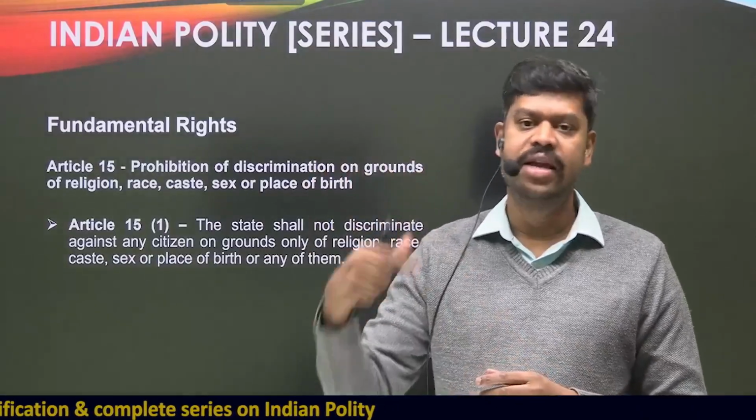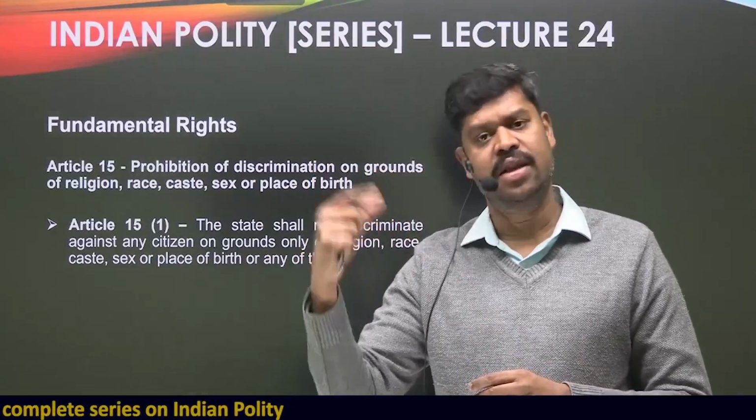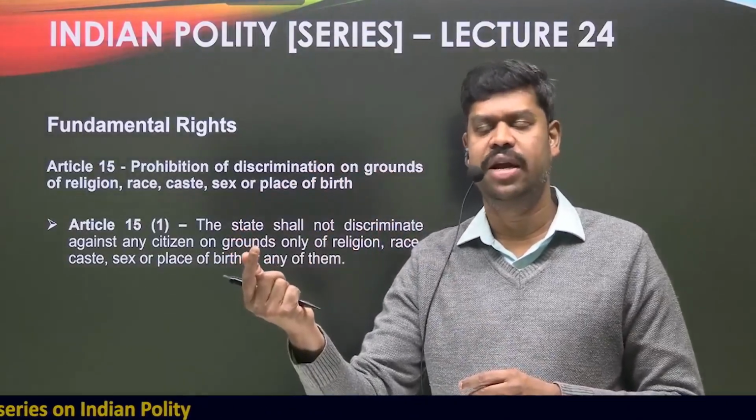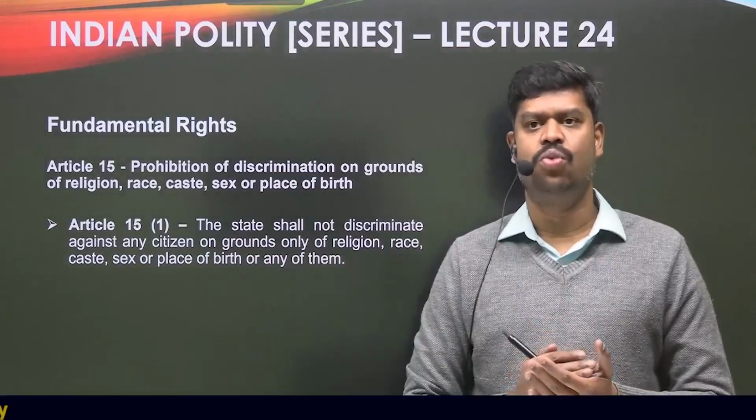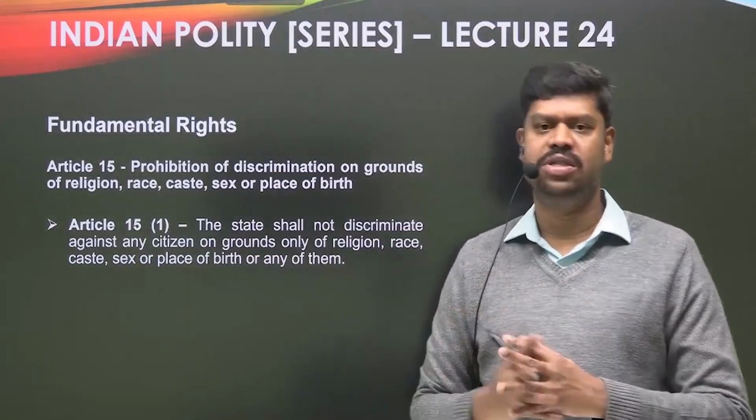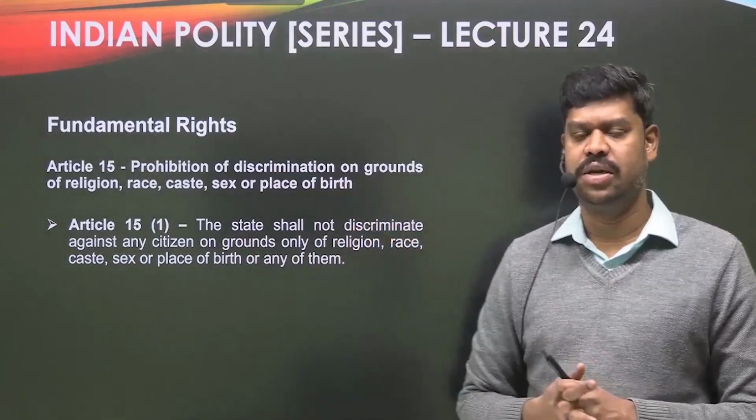So what are the areas it shall not discriminate? In other areas, if at all it wants to discriminate, it can discriminate. But with regard to certain areas, it shall not discriminate. So what are the areas in which it shall not discriminate is what we are going to understand here.